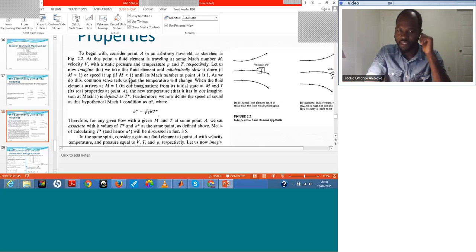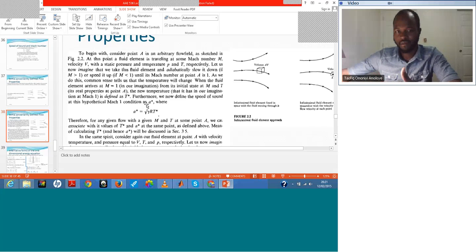So when the fluid element arrives at the point where its Mach number is now 1, still in our imagination, the new temperature that it has is noted as T star, as it is on the slide. This is just a definition we are making, because the actual Mach number and the actual temperature of the fluid element are M and T. But we are imagining slowing it down or speeding it up adiabatically to a point where its Mach number will now be 1.